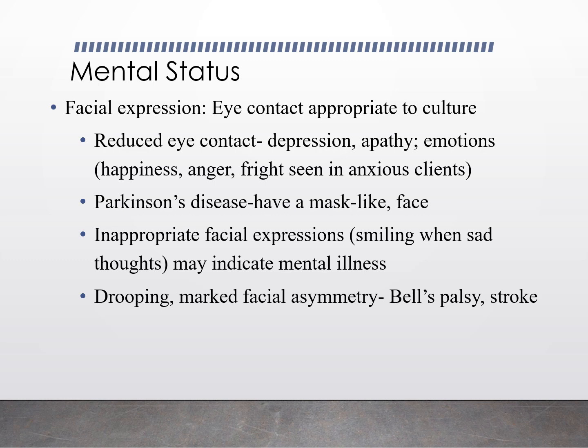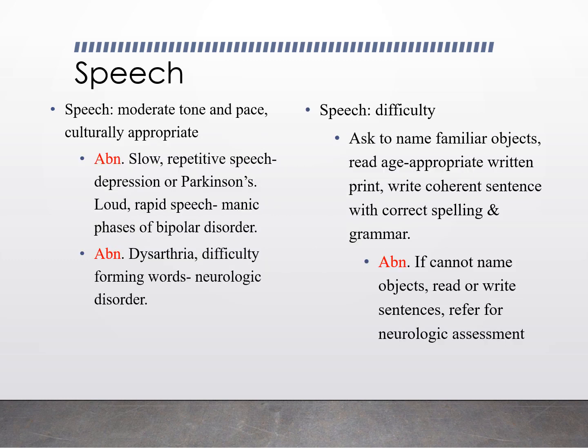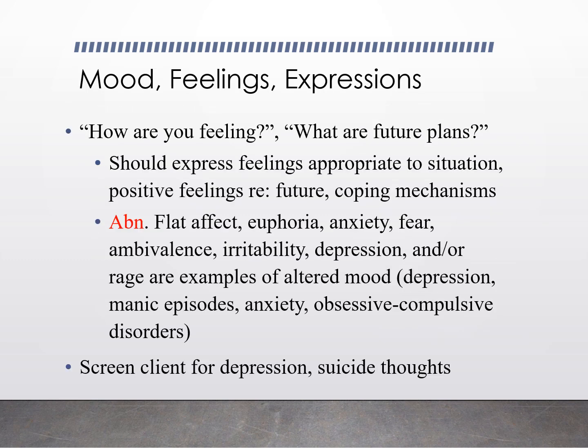We talk about the facial expressions of Parkinson's and how that might look, that flat, mask-like face. So there's speech, moderate tone and pace; any slow, repetitive speech or fast, loud speech are abnormal findings. If somebody is having difficulty formulating words or remembering words, that may be indicative of some other neurologic issues or dysarthria.